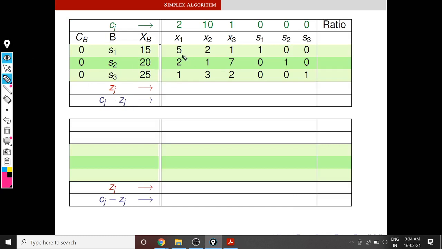Anyway, this is the initial simplex table. Then 2, 10, 1, 0, 0, 0, they are the costs. Then what about this one? This corresponds to the first constraint, a11, a12, etc. What is our first constraint?